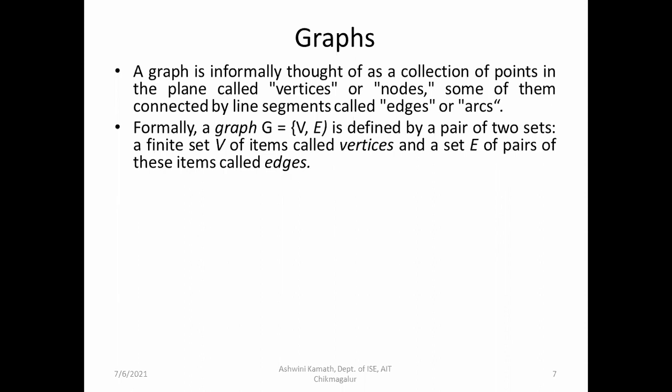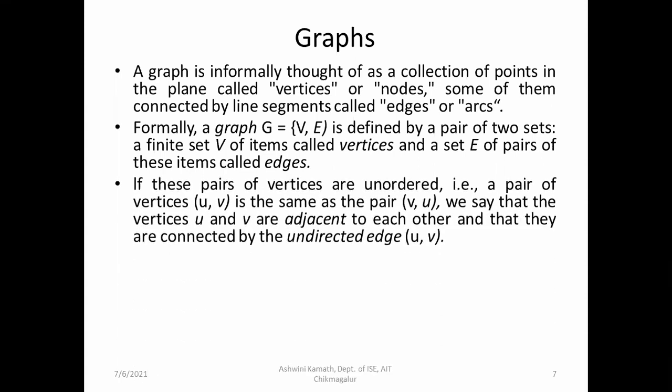V is a set of vertices and E is a set of edges. If these pairs of vertices are unordered, that is, we don't have an order for these pairs of vertices, for example (U, V) is the same as (V, U), we say that vertices U and V are adjacent to each other and that they are connected by an undirected edge.